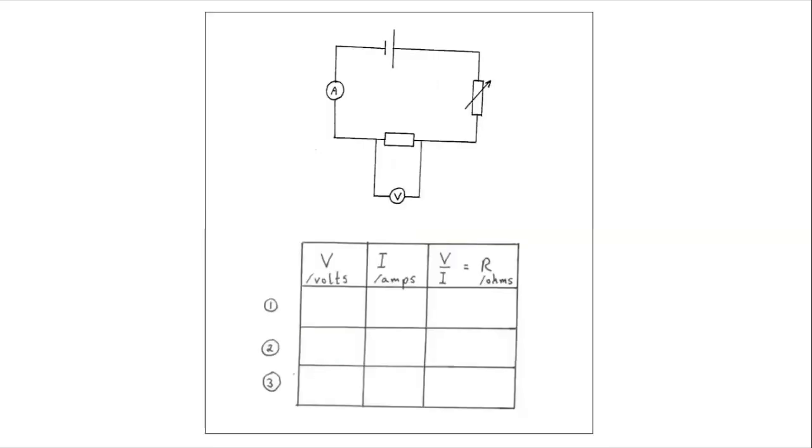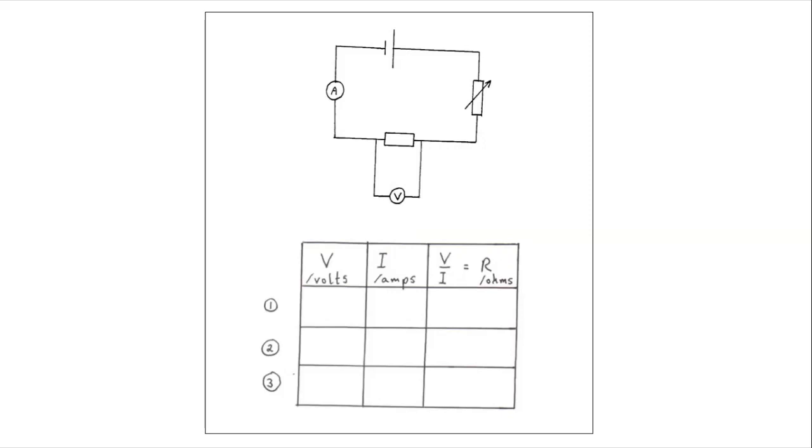Now, what we have here is a circuit, and we've got down at the bottom a voltmeter across it. Remember, voltmeters are always in parallel.